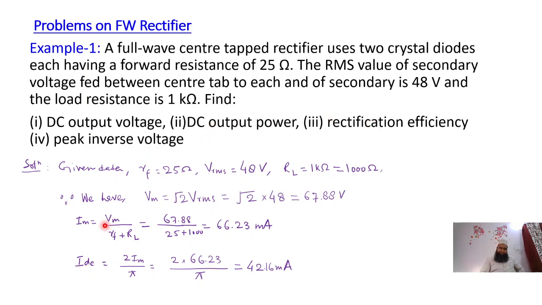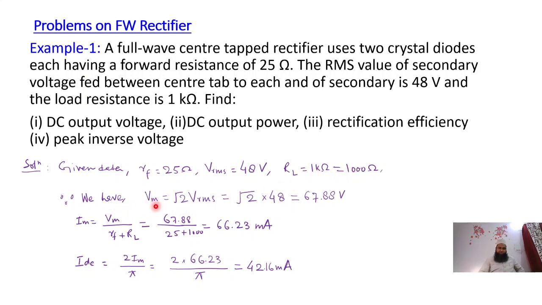First of all, we collect the data given. Data given is Rf equal to 25 ohm, VRMS at the secondary is 48 volt, RL load resistance equal to 1 kilo ohm, that is 1000 ohm.